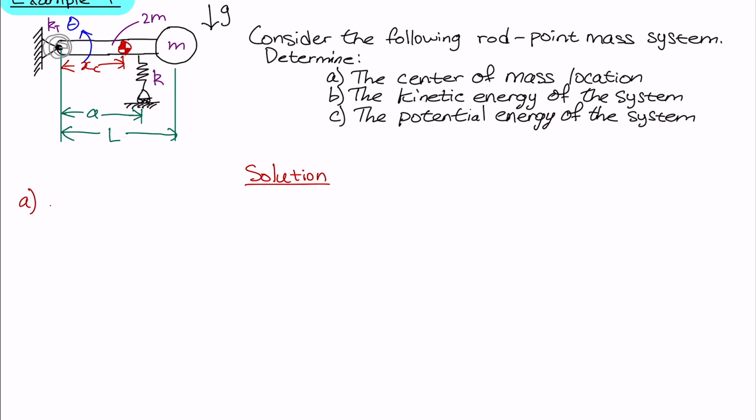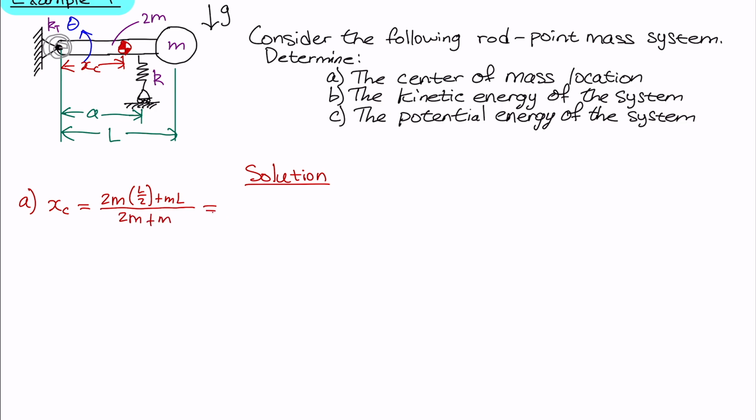We're going to do xc equal to 2m times L over 2 plus mL. So that is the center of mass position first for the rod, and then second for the point mass, divided by the total mass, 2m plus m.